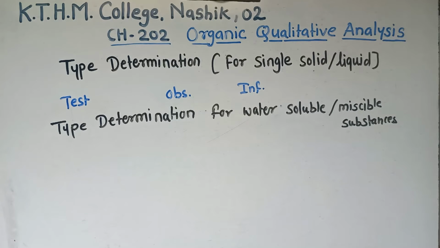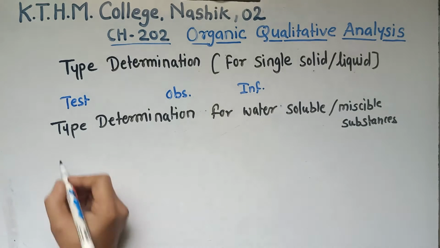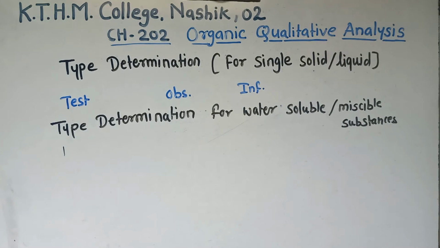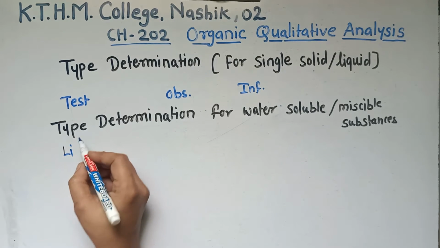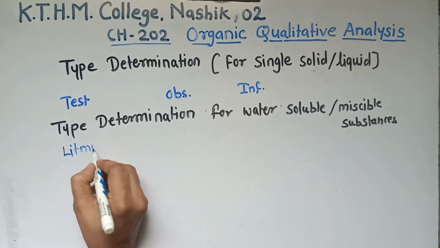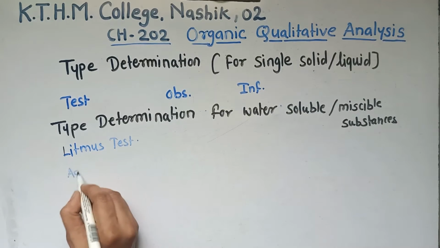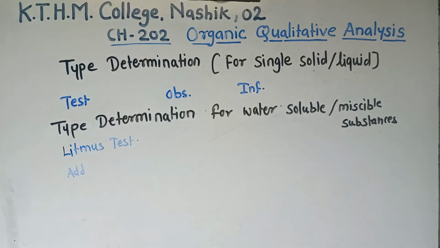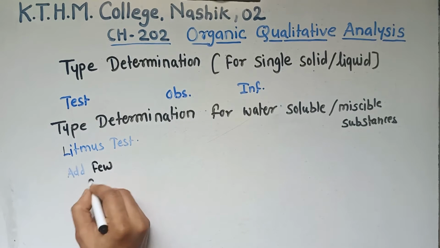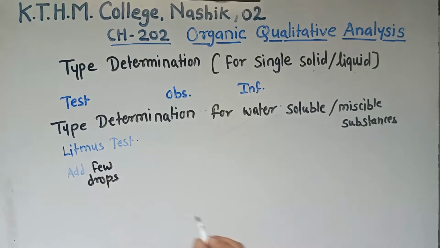This is very familiar to us. In 11th and 12th standard we perform this test. The name of that test is the litmus test. We add a few drops on wet litmus paper.